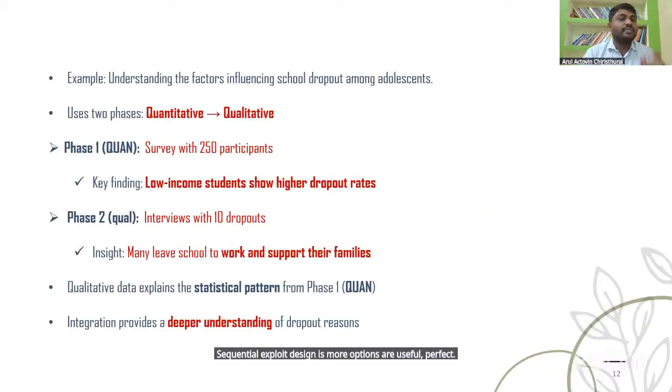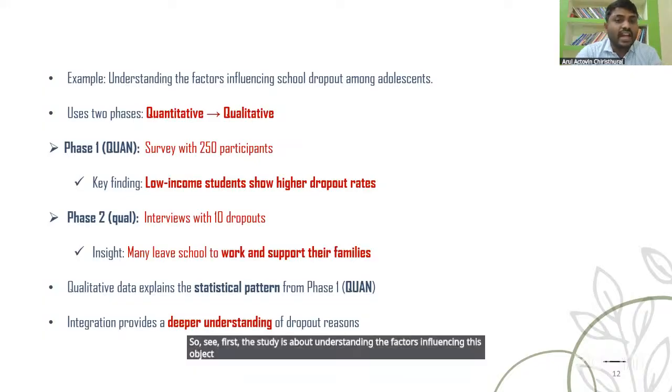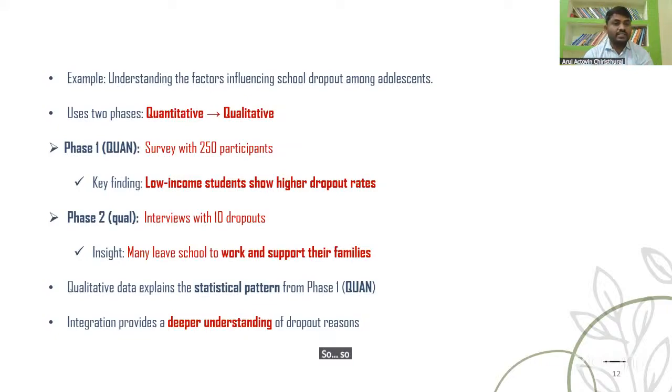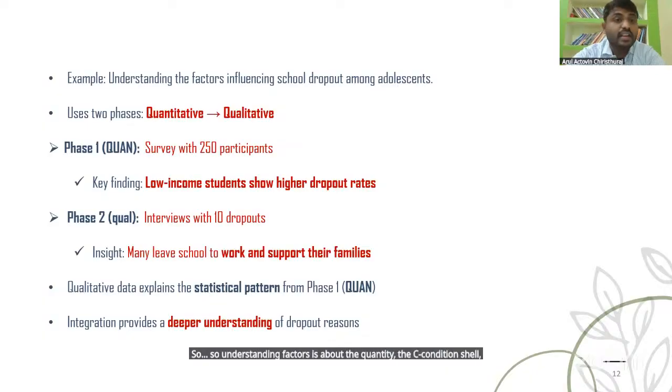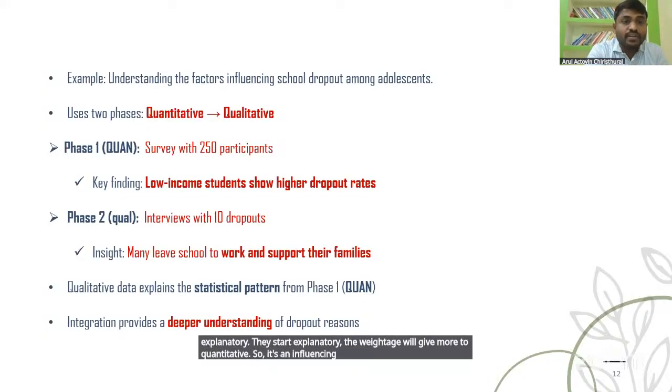See, first, the study is about understanding the factors influencing school dropouts among adolescents. This is the objective. So understanding factors is about the quantitative. In sequential explanatory, the weightage will be given more to quantitative. It's about influencing factors. That's what you are going to see.